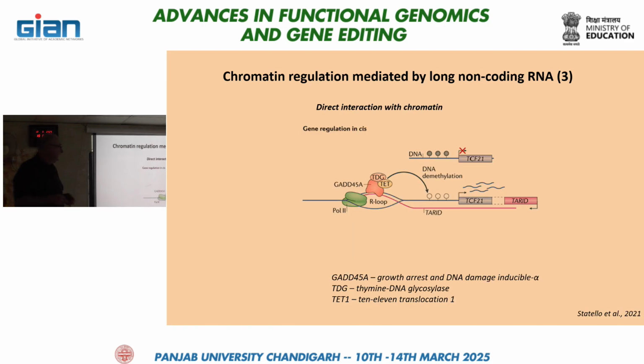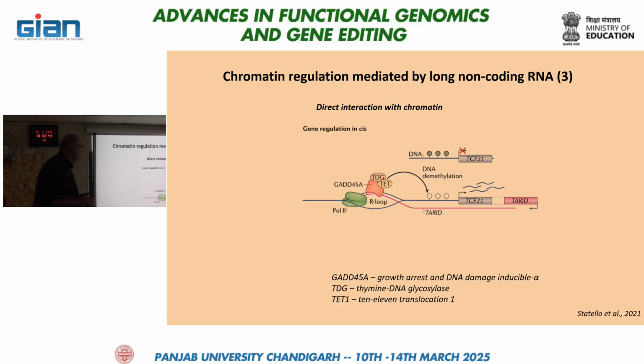And now an example more connected with long non-coding RNAs which bind directly to DNA, to chromatin. Look at these genes, the name is not so important. If DNA is methylated at the promoter region of this gene, the gene is not transcribed.